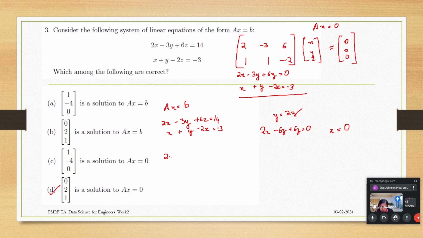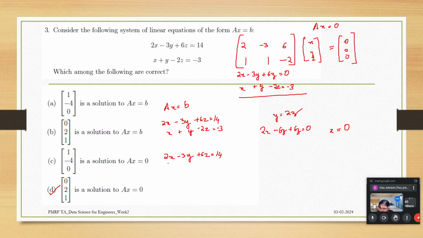If I go through the steps, it's 3y plus 6z equal to 14, and then I have to make these two similar. Either way, and this you can find in your calculators also, the solution can be found.